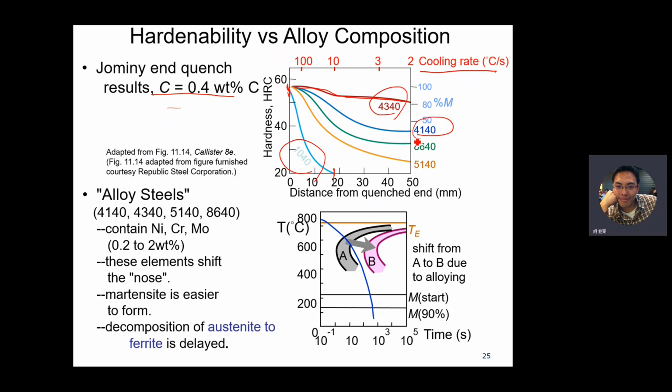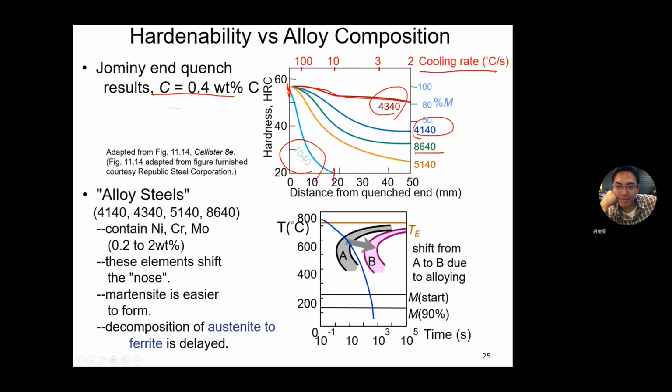At 40 millimeters from the quench end, its martensite is about 40%. And for 8640, its martensite composition is maybe 30%, at 50 millimeters from the quench end.